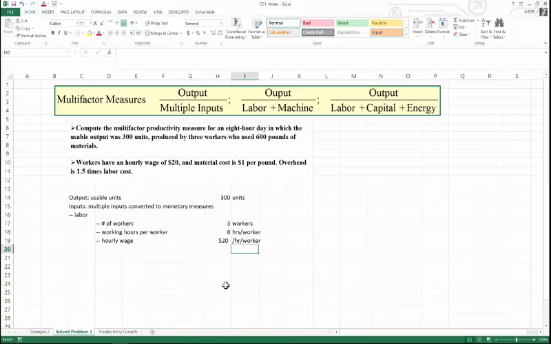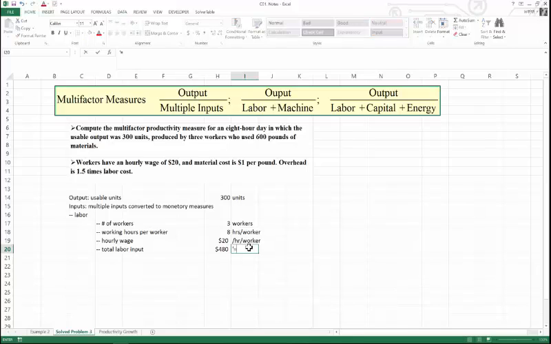Now with all of this information together, we can figure out the total labor input. It is equal to 3 workers times 8 hours per worker times $20, so that is $480.